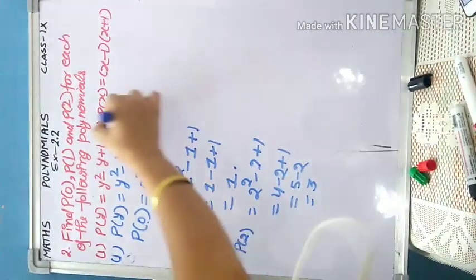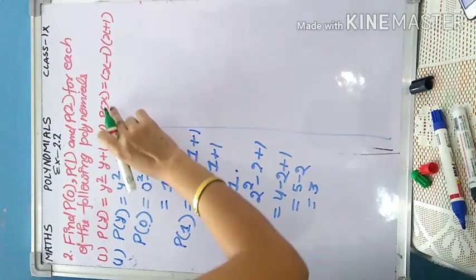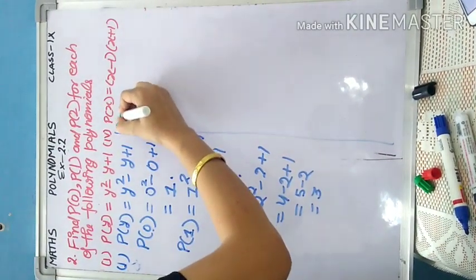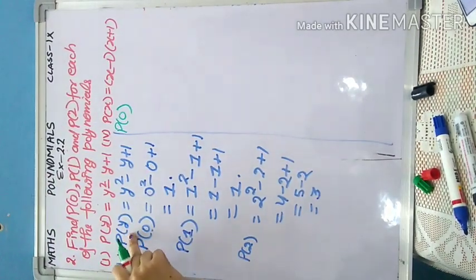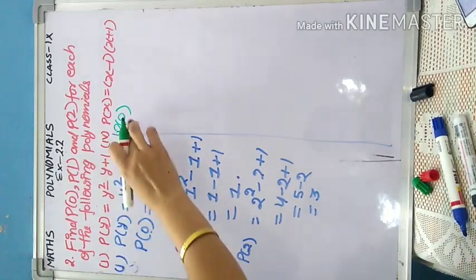Okay children, let's see this part. Here it is given Px is equal to (x minus 1)(x plus 1). I am doing P0, that's the same. Here the variable was y, so at the place of y we put 0.